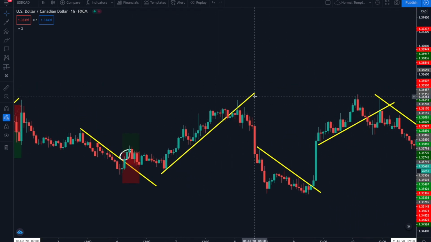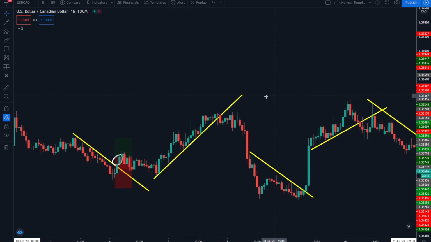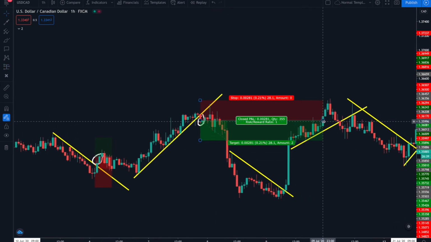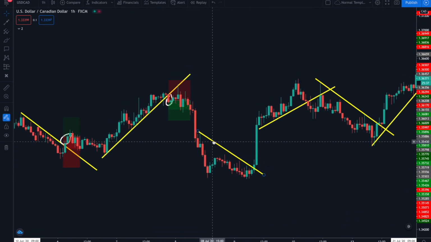Alright, that's the entry. Alright, over here, it's actually a little bit steeper, like this. Okay, so we broke right here, retested right there, that's your entry. Alright. Okay, so on this one, depending how you actually clean this up, you might not have even gotten an entry.